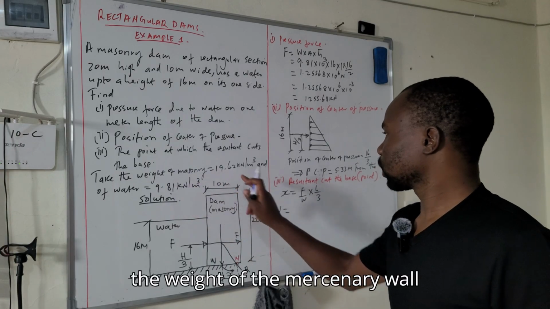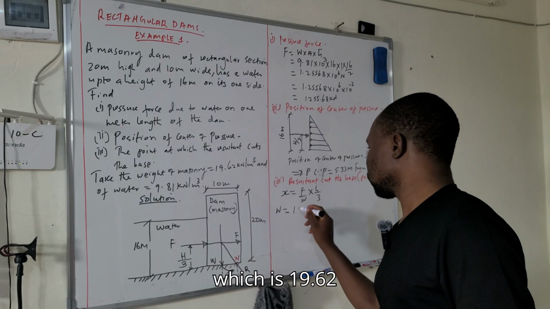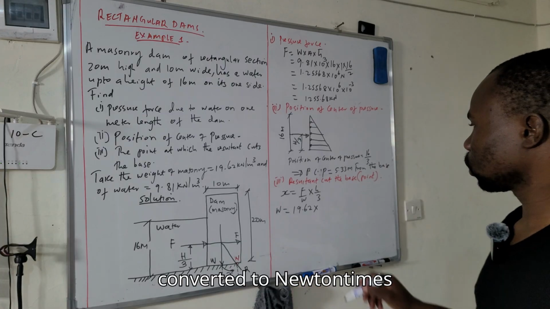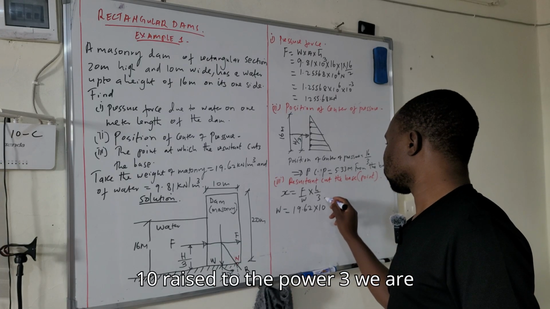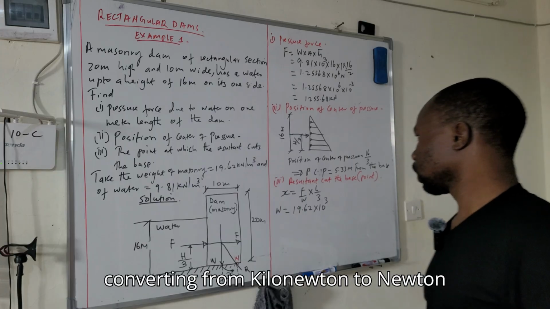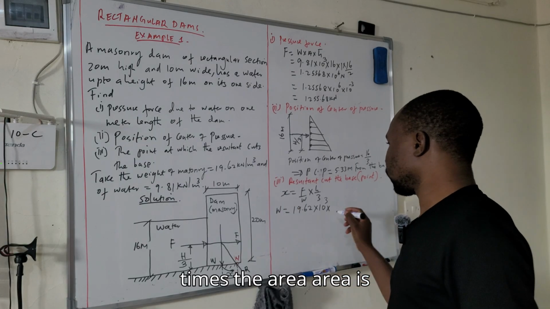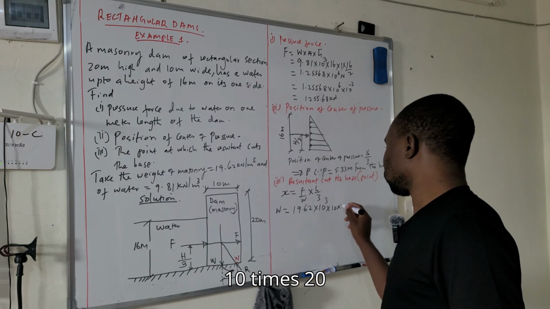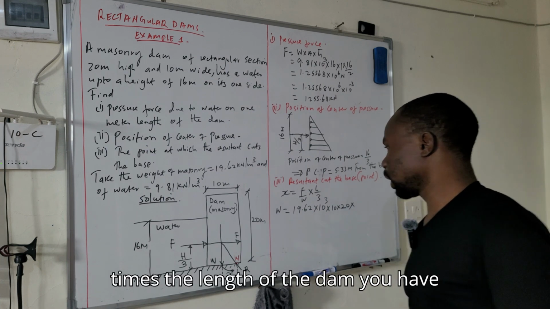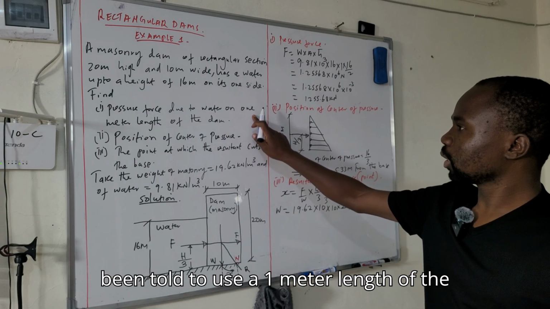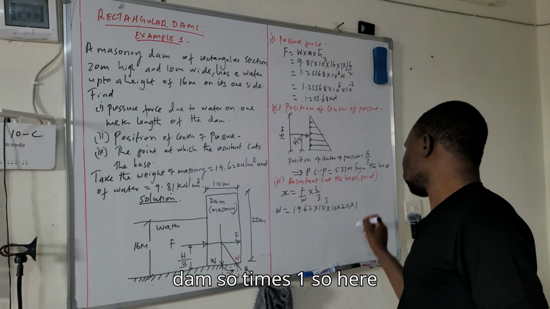So W is the weight of the masonry wall, which is 19.62, converted to Newton times 10 raised to power 3. We are converting from kilonewton to Newton, times the area. Area is 10 times 20 times the length of the dam. We have been told to use a 1 meter length of the dam, so times 1.